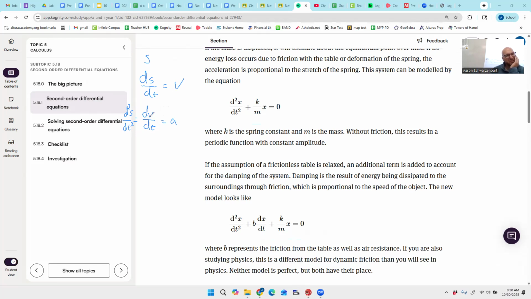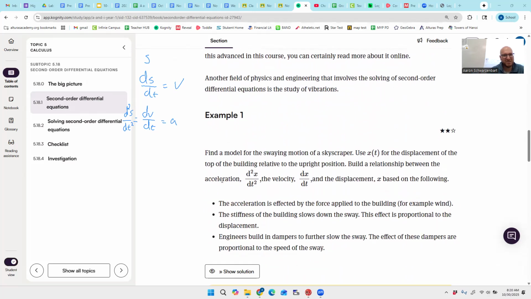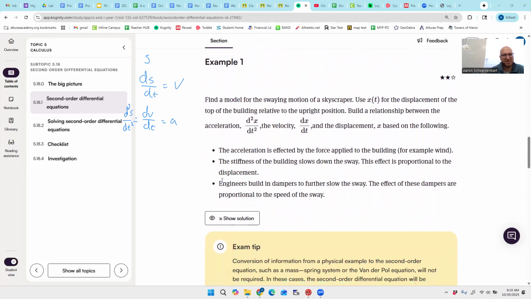Well, we're going to be able to replace some things with v's and dv/dt's and use a coupled differential equation like we've been doing in 5.16 and 5.17. So this is essentially doing the same things as 5.17 and 5.16, but you're given it in a different form. In some ways, this is the hardest section in the book, but in some ways you're not really doing anything that different.